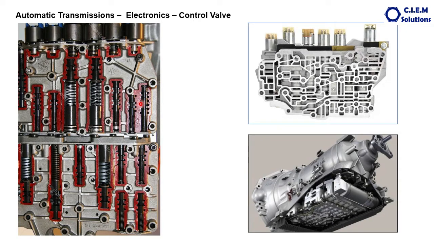In the earlier conventional automatic transmission, we called the control valve the brain of the transmission, whereas in this modern transmission, the transmission control module or transmission control unit is considered the brain, because it takes the signals from various components of the vehicle, processes those signals and gives the signals out for the execution of engagement of the gears.